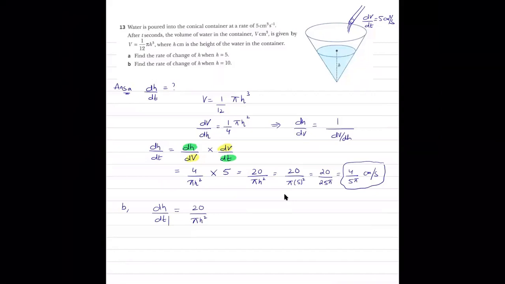Now when h is 10, this is going to be 100. So that comes out to be 5 times 100, and 2 upon 10 pi is the same as saying 1 upon 5 pi centimeter per second.